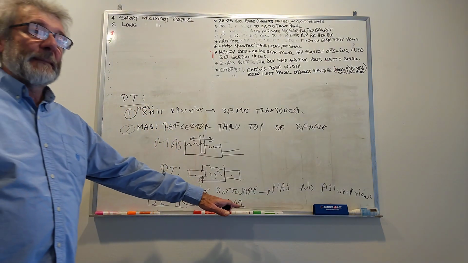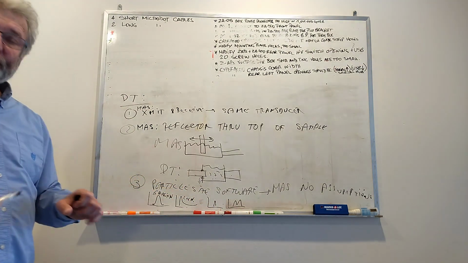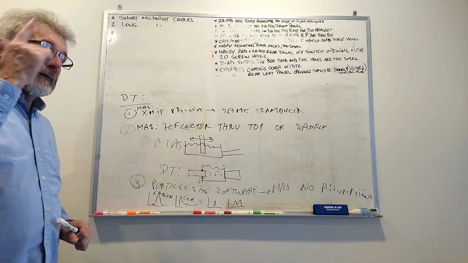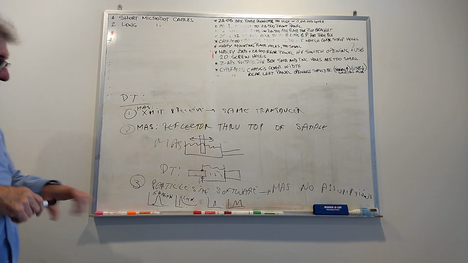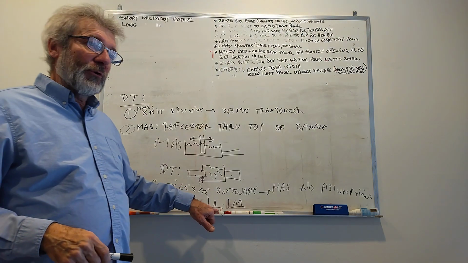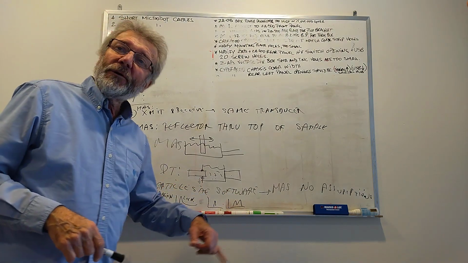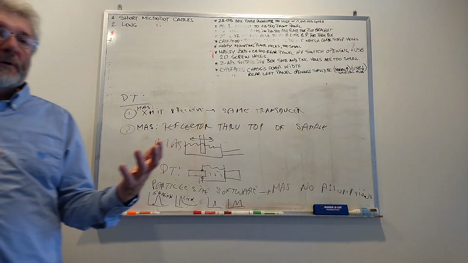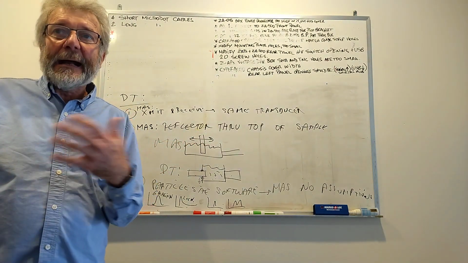No need with the mass software. No assumptions. But DT have to guess or know the sample is Gaussian or log normal or unimodal or bimodal. So you don't know if it's accurate.